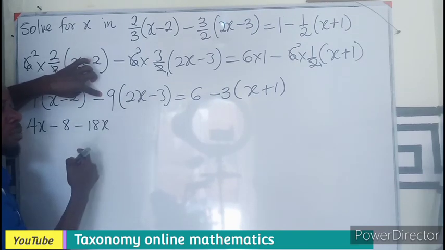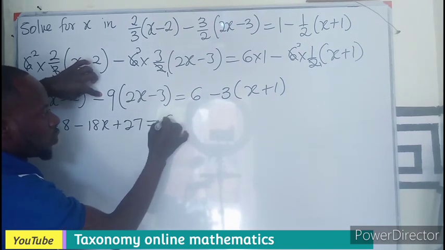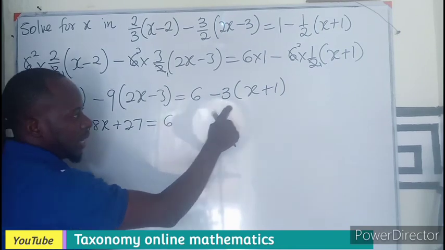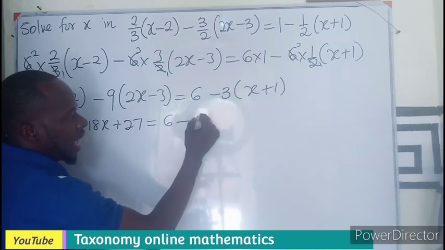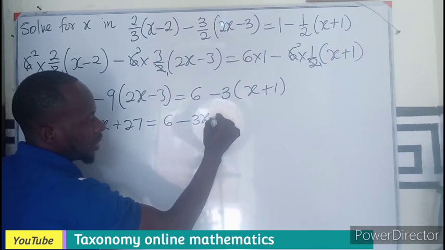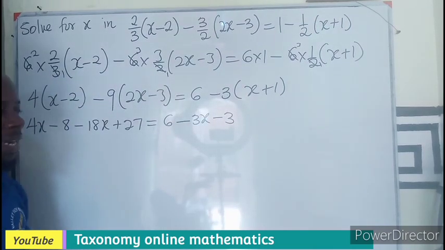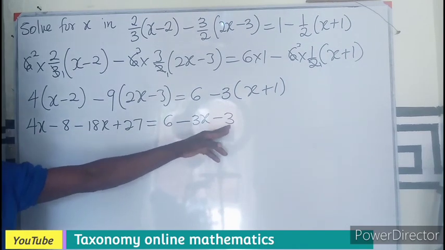Minus 9 times minus 3 is plus 27, equal to 6. 6 is on its own, so we can't multiply this here. The 3 is multiplying, so I maintain my negative 3 multiplying x, which gives negative 3x. Negative 3 times 1 gives negative 3.